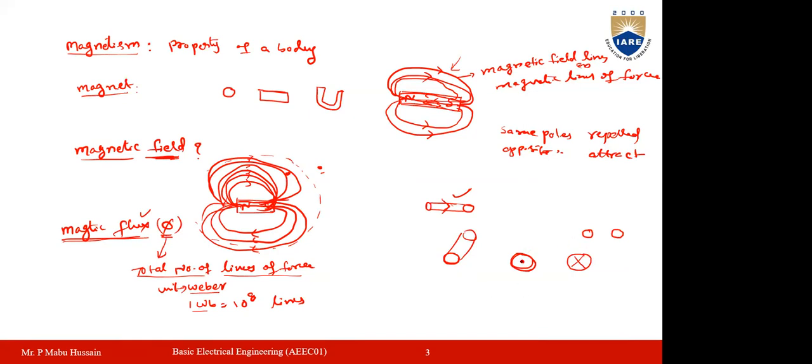If it is a dot, it is towards the observer. If it is a cross, then it is away from the observer. Now if any conductor carries current, then a magnetic field will be developed around this conductor. Now the direction of these magnetic lines of this magnetic field will be given by the right hand rule.